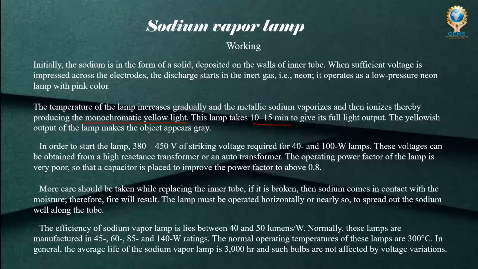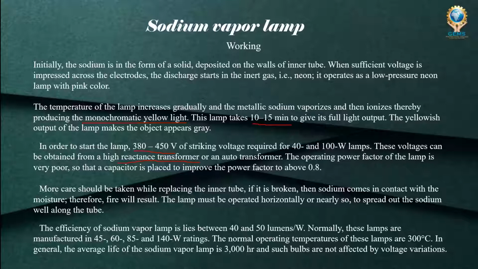The yellowish output is given by the sodium vapor lamp. To start the lamp, 380 to 450 volts of striking voltage is required for the 40 to 100 watt lamps. These voltages can be obtained from a high reactance transformer, or we can use an auto transformer.